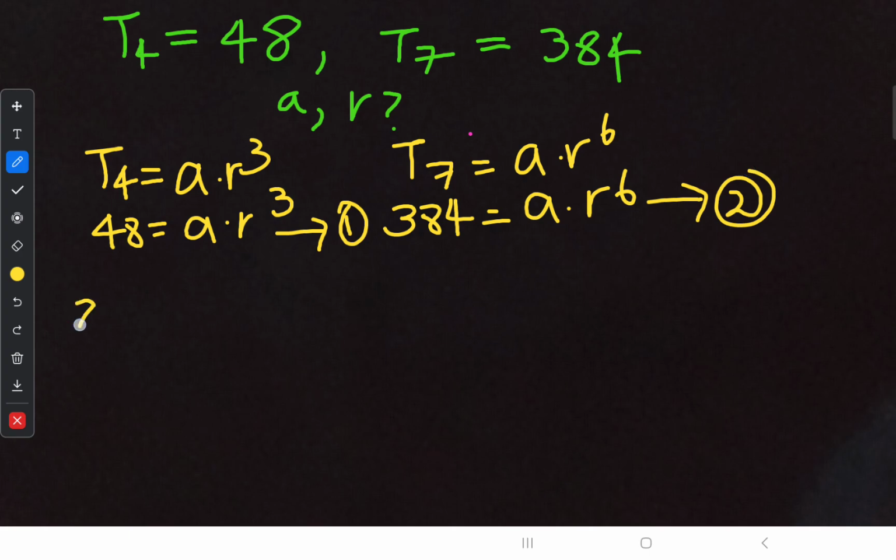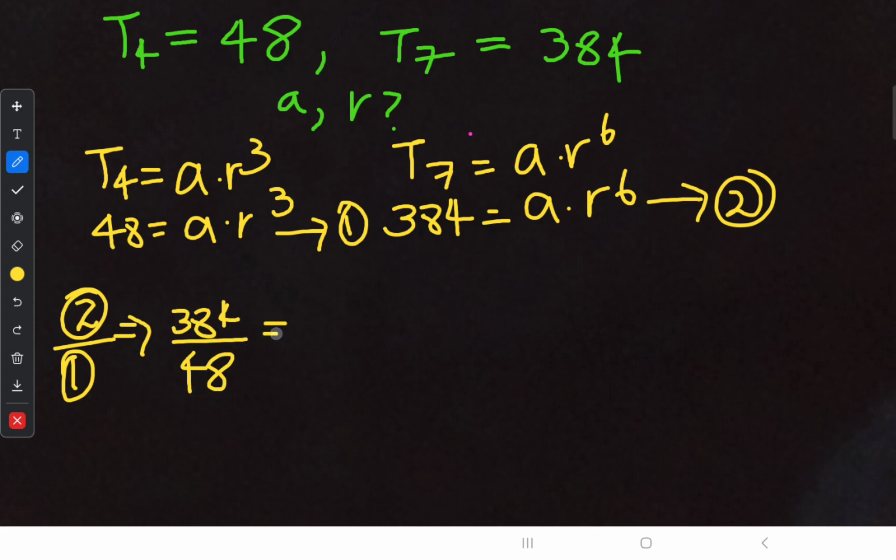Here you should divide. From the second equation, when we divide by the first one, 384 divided by 48 equals A into R to the power of 6 divided by A into R to the power of 3.